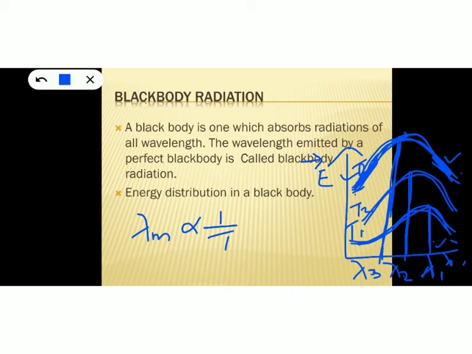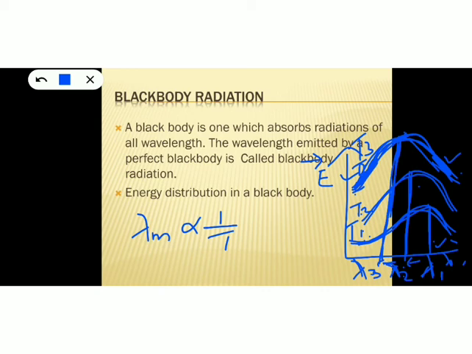But T1 is the smallest temperature here. And at a higher temperature T2, the maximum wavelength lambda 2 decreases. Again at a little higher temperature T3, the highest temperature, the peak value lambda 3 again decreases.